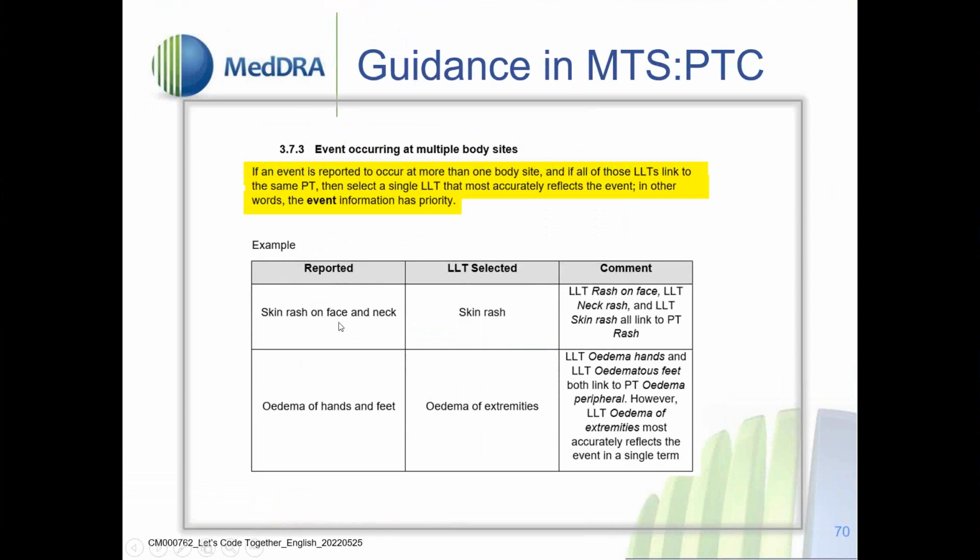So if a skin rash on face and neck is reported, we should not split into rash on face and neck rash and LLT skin rash, because they all link to PT rash. We should just assign skin rash to capture the information that the skin was affected, but we should ignore the affected sites, just assign skin rash, not split, because all of these LLTs are linked to only one PT.